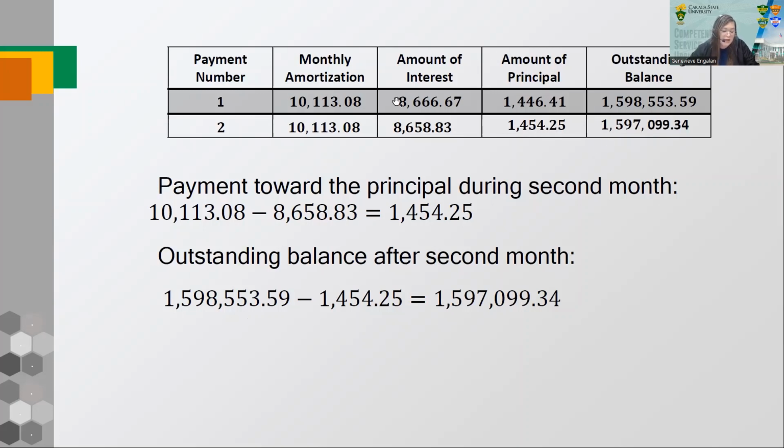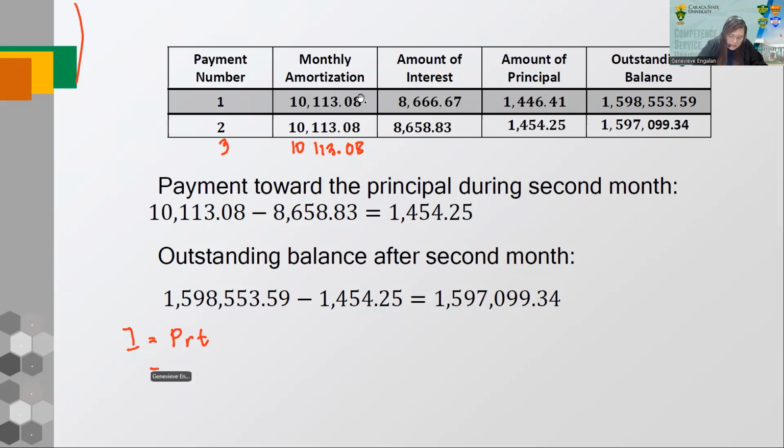Okay, for the third month, let us compute. Again, the third month, we still pay 10,113.08. What is the amount of interest? The interest, again, I equals PRT. How much is our debt now, class?